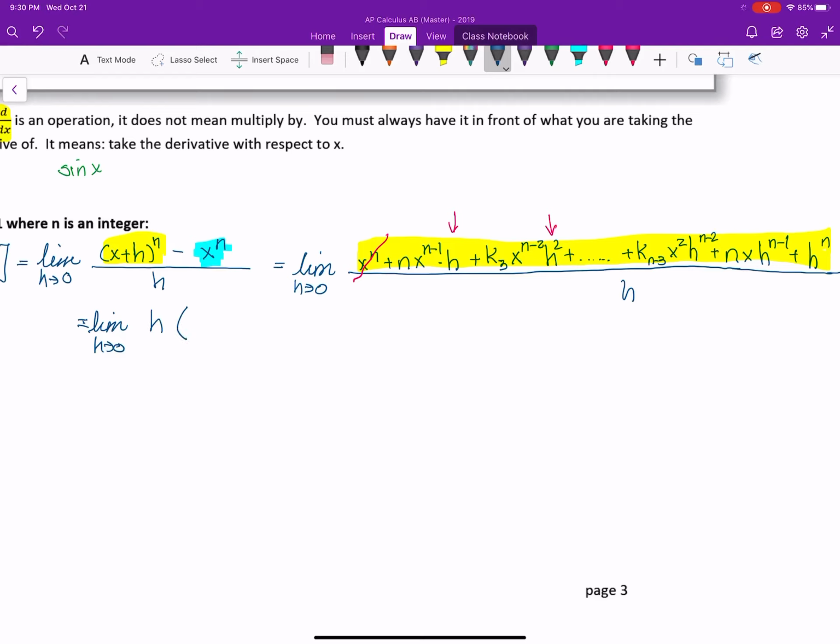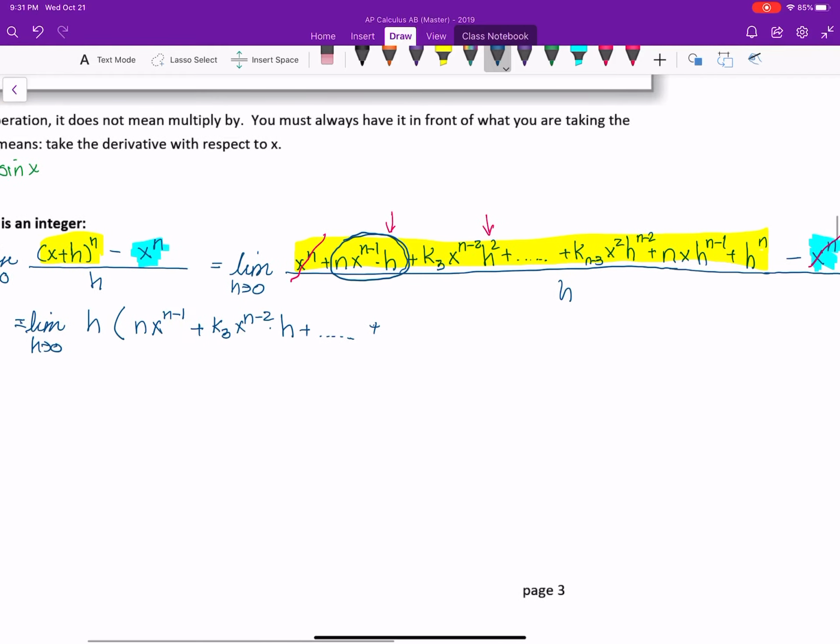The first term, that's this one here that I'm circling right now, is then going to be n times x to the n minus 1 plus the second term inside, which is k sub 3 x to the n minus 2 times h, plus, now the next term would have an h squared in it and h to the fourth in it, and so forth until we get down here to the end, and I get k sub n minus 3 x squared.